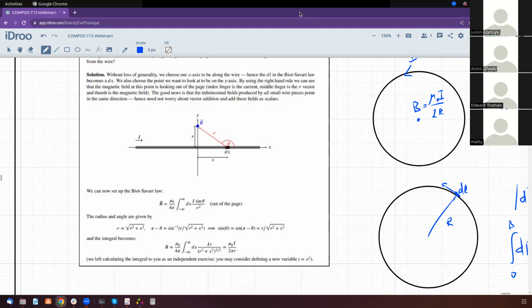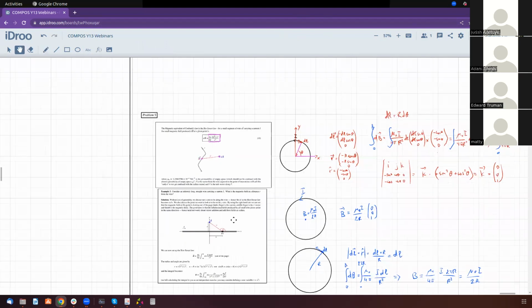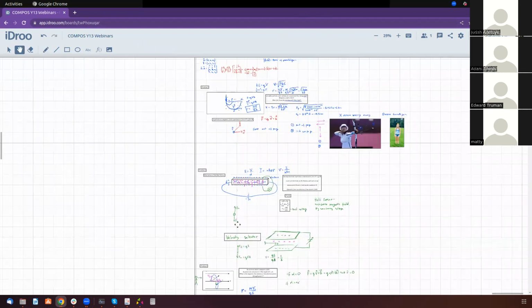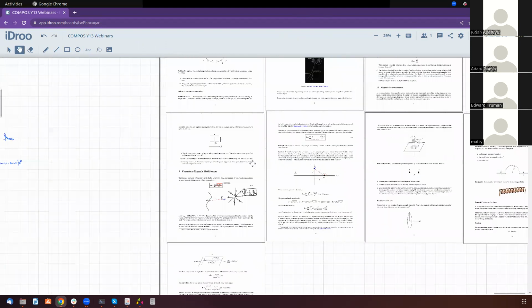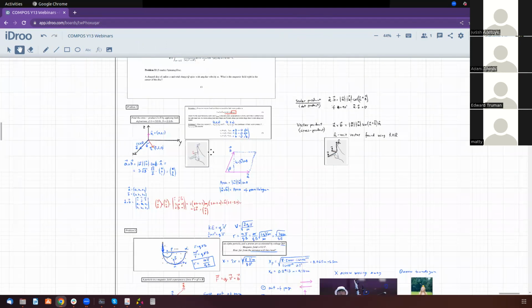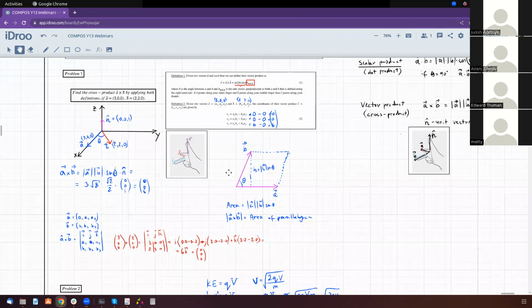Can I just ask a quick question about the right hand rule? Yeah. You mentioned earlier, when you were doing problem 1 and you drew that diagram with the vectors, vectors A and B are not perpendicular to each other. But if I take my right hand and position my hand as shown, it indicates that A and B are perpendicular to each other. They don't have to be.